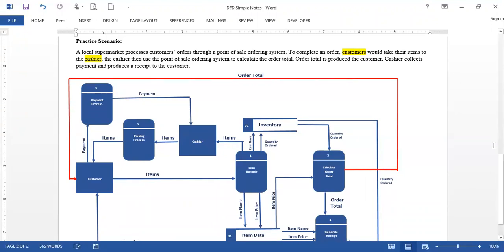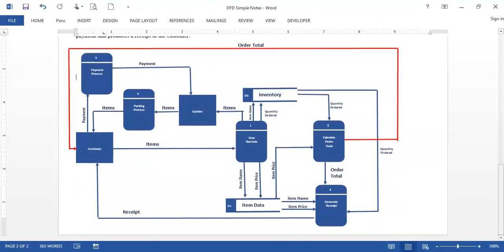So let us now go through this DFD and see if we can get some clarity as to how this really works. So let's start with our customer, which is our first external entity. So the customer brings the items to be scanned.